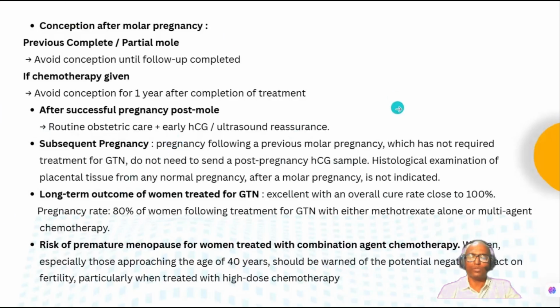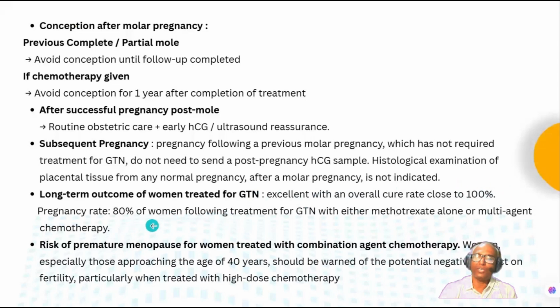Then long-term outcome. Suppose you have treated these patients by suction curettage; a few patients will require chemotherapy for GTN. So what is the long-term outcome of women who are treated for GTN? Most patients require chemotherapy. The long-term outcome is excellent, with an overall cure rate of up to 100%.